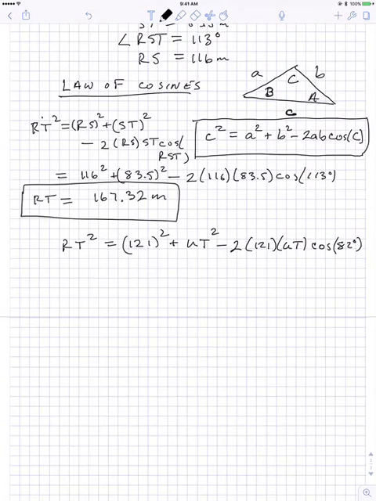All right, so that's great because we know what RT is now at this point. That was the key step. We had to do that extra step to get that long side.